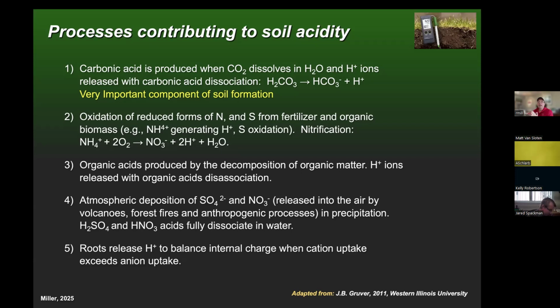This has been a big thing in the past, but with the removal of sulfur from coal-fired power systems, that's a much less of a problem today. And then finally, we have roots, because roots, in order to take up cations, release hydrogen into the rhizosphere. And so therefore, we have a mild case where root activity is actually releasing protons.